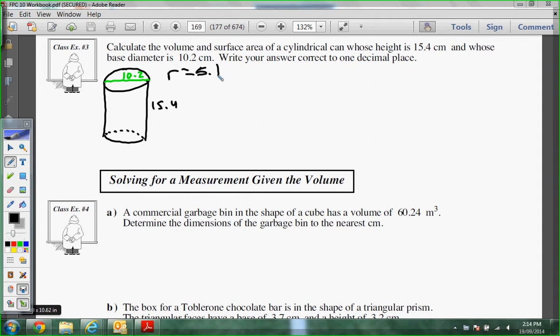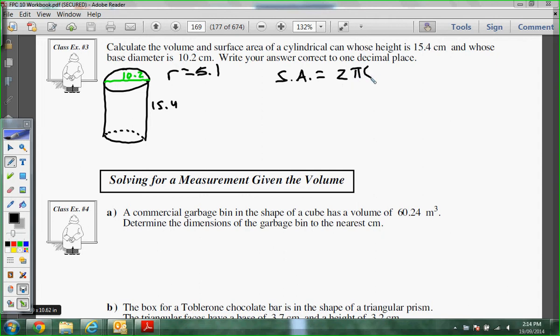So if we're setting up our surface area, okay, Tatum, how would I set up my surface area? What do you think? You can look at the formula if you want. 2 times area of the circle.